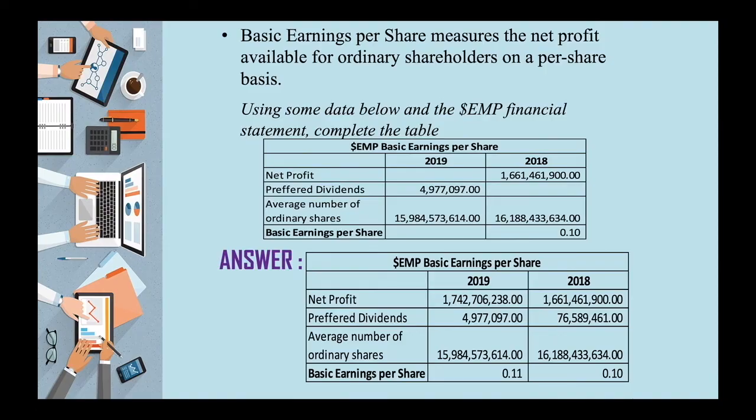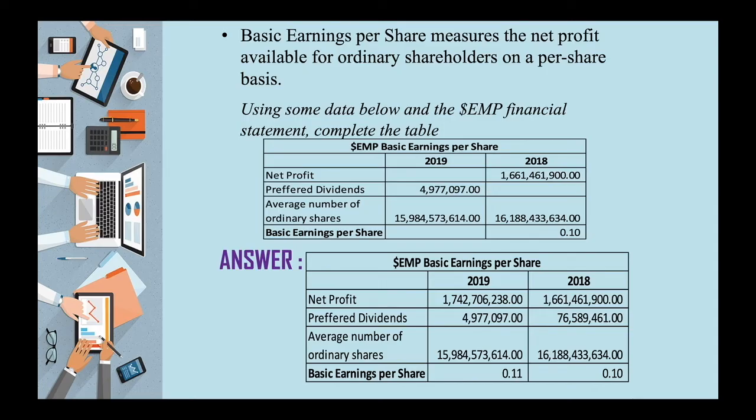So, ayan, tama naman. Ulitin natin, no? BEPS is the measures of the net profit available for ordinary shares on a per share basis. Meaning, in every share na meron kang hawak sa Emperador Corporation, Emperador Incorporated, is meron kang net profit na makukuha na 0.11.